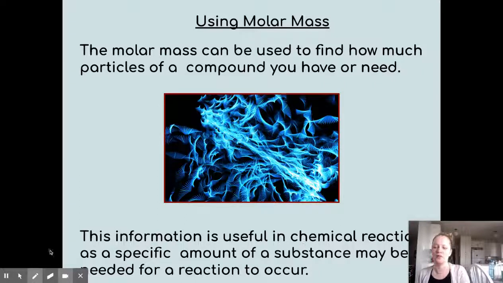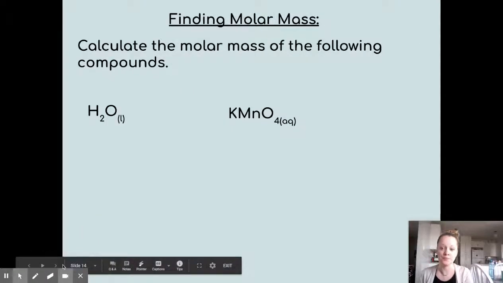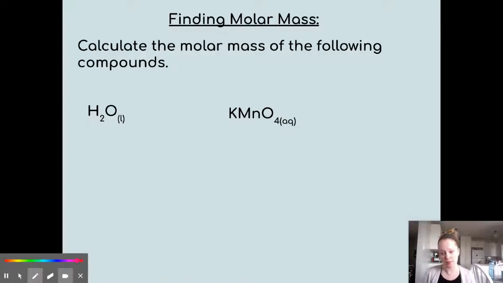And this is going to continue on into something called stoichiometry when you get into Chem 20 and Chem 30. Okay? So when I say calculate the molar mass of something, what I'm going to tell you to do is use your atomic masses of each element and tell me how many there are of each element, multiply, and add it all up for your total molar mass.